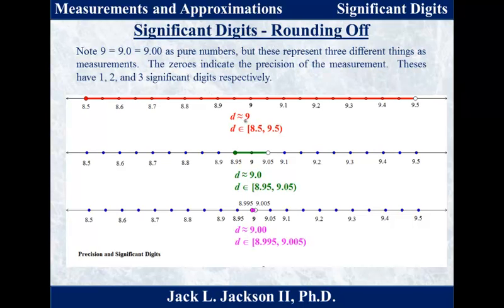Our measurement could be off by as much as half a mile when I just rounded off to the whole number miles. But if I say 9.0 miles, then the most the error could be is again the left endpoint, but this time the left endpoint's much closer to our stated measurement of 9. It's only off by 0.05 miles.